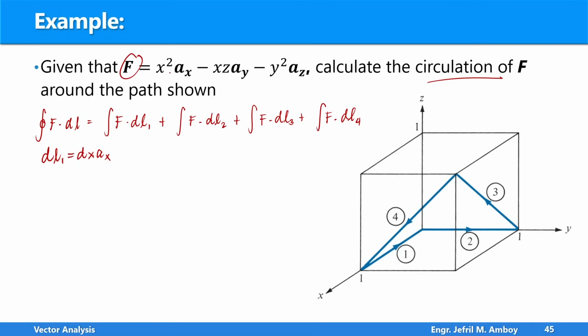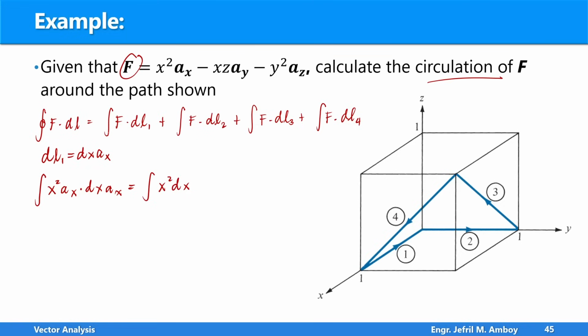So what remains here is just the x squared. The integral of F dot dL for the first path is equal to x squared ax dot dx ax. We know that ax dot ax equals 1. And now we have the integral of x squared dx.